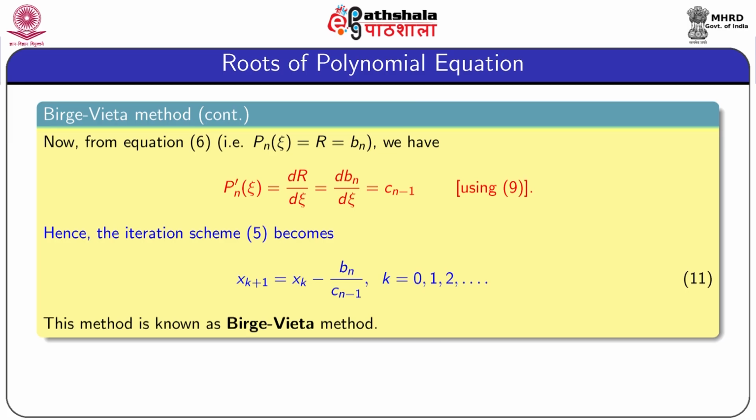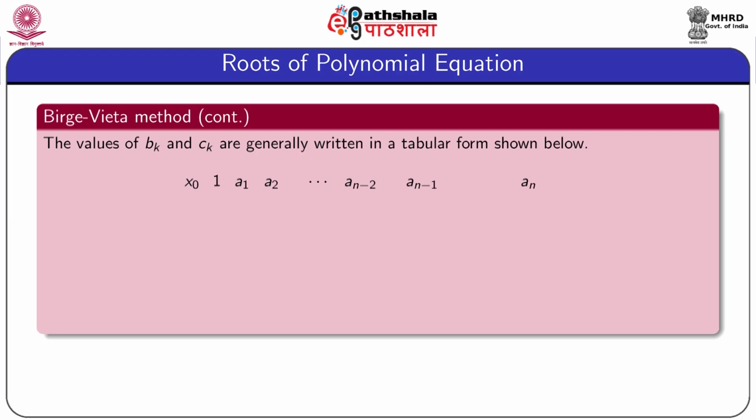This method is known as the Birge-Vieta method to find a real root of a polynomial equation. All the values of bk's and ck's are written in the tabular form shown below. The first row represents the approximate root x0, and 1 to an are the coefficients of the given polynomial Pn. The second row is obtained by multiplying all b's by x0.